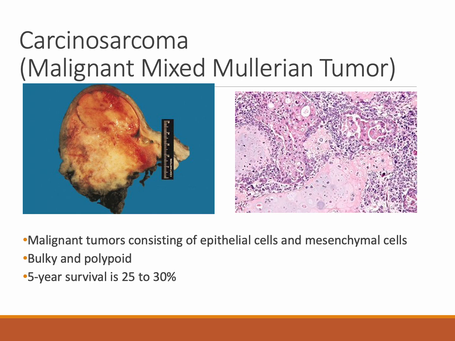You might have malignant fibroblasts or spindle cells mixed with epithelial cells. Again, these are relatively rare and can present as pretty bulky and polypoid tumors. But despite the rarity, they are fairly aggressive, and there's a very low survival rate, as you see here. So something to be mindful of. I've not seen one of these, and they're fairly rare, so if you ever get one in clinicals, it might be worth writing up a case report.